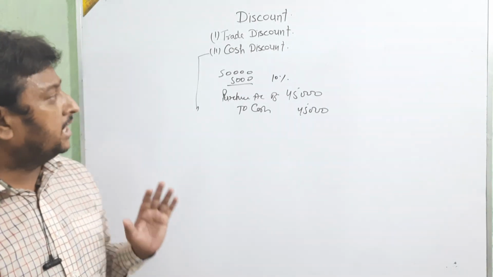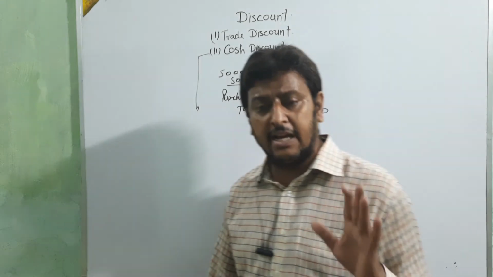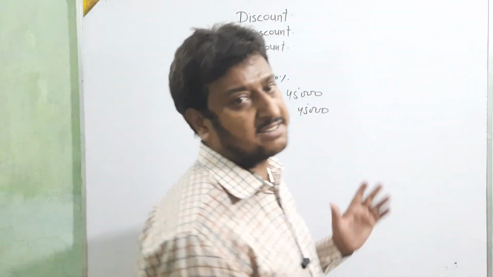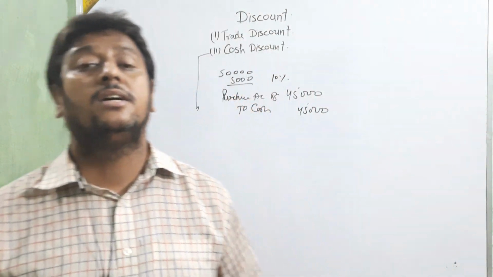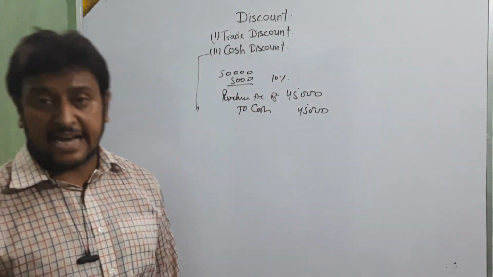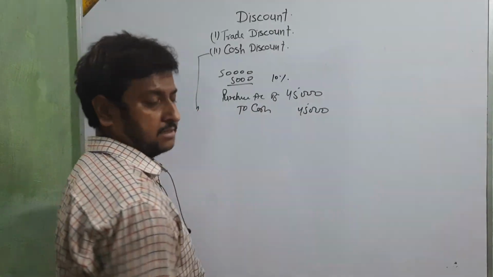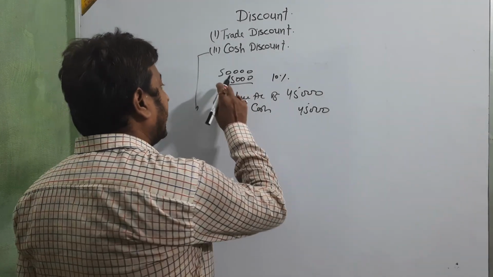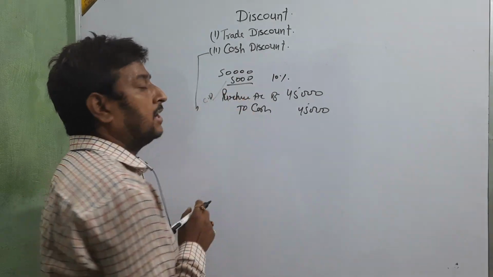If it is a trading transaction, then no cash discount is allowed. But if it is a cash transaction, then we are going to allow the cash discount. Just see, purchase in cash of 50,000 and cash discount of 5,000.